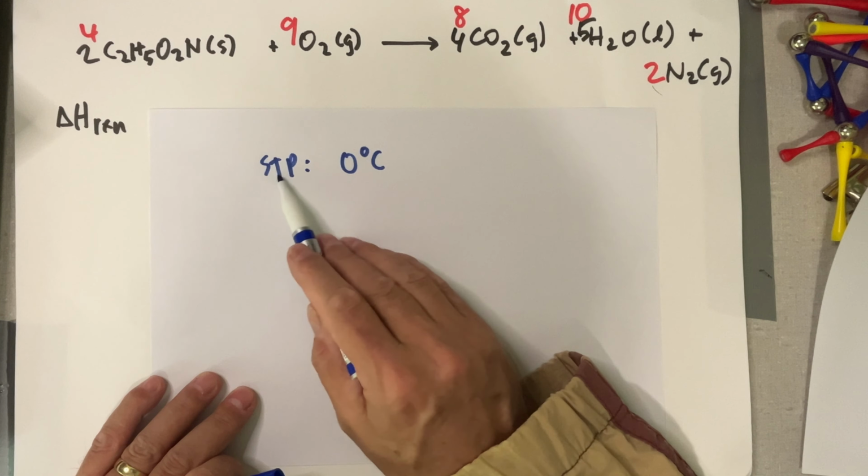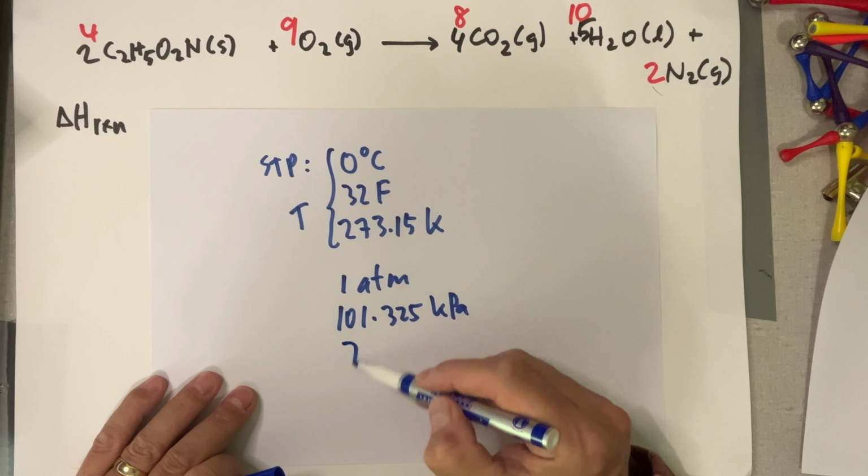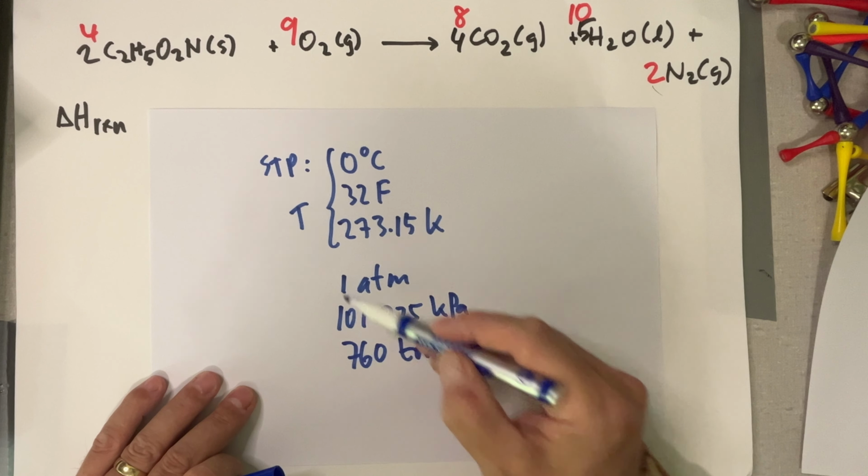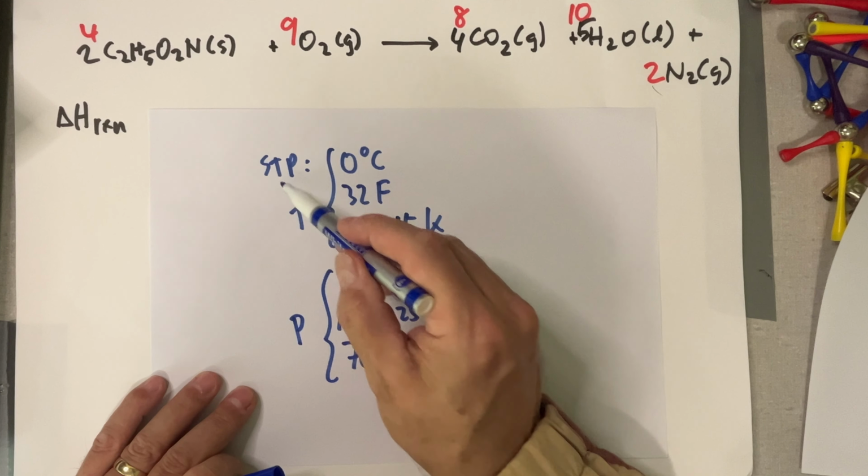It is 32 Fahrenheit. It is 273.15 Kelvin. These are the temperatures. And for pressures, you have 1 atmosphere, which is 101.325 kilopascal. You can also say 760 torr mercury. So these are the pressures.